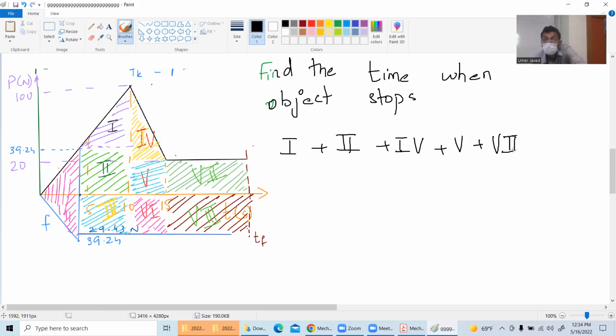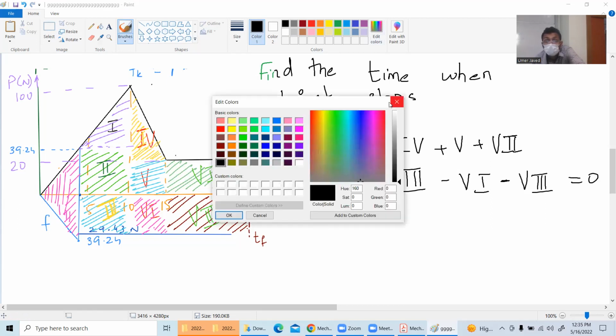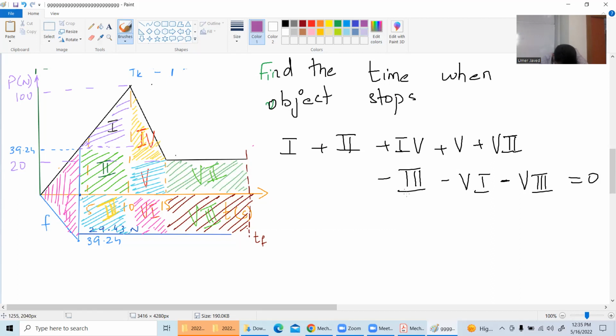Minus 3. Minus 6. How did you figure? Below the y-axis. Okay. Minus 6 minus 8, I think so. Good. Minus 8 equal to 0. And now we will do it yourself in your free time.